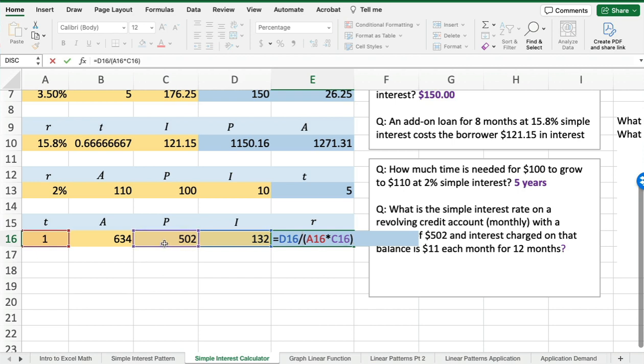I've been pretty consistent in putting the principal in column C. So you can see that if your columns are set up the way mine are, it's equal to interest, which is in column D, divided by principal times time, which are in columns A and C. And don't forget to put parentheses around the time times the principal.